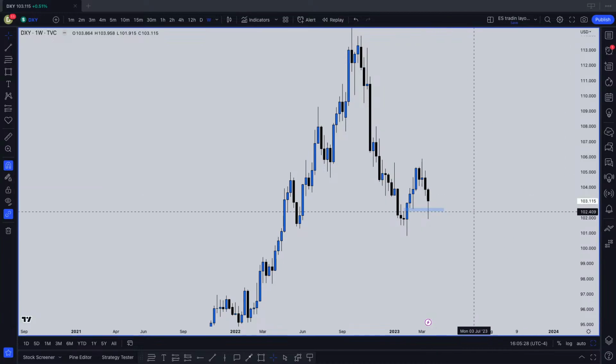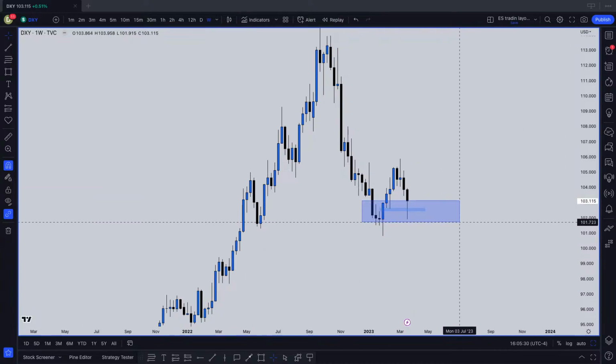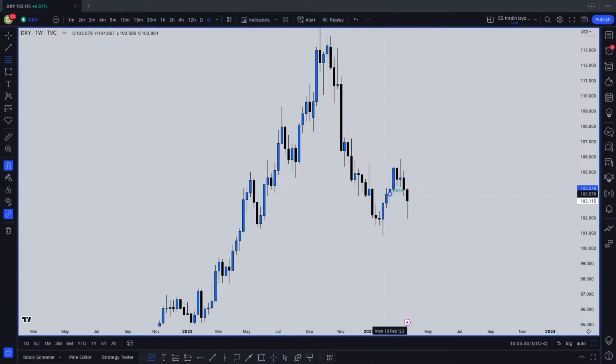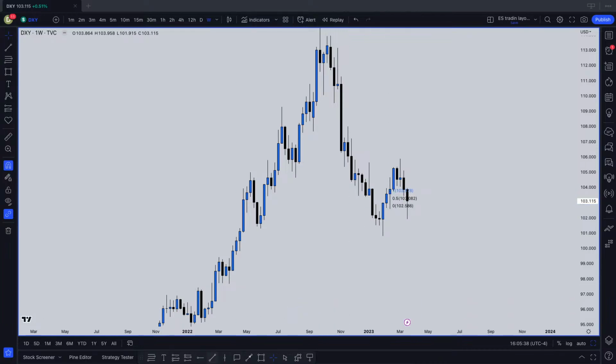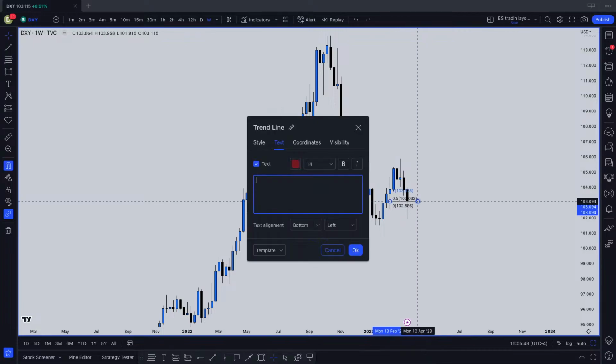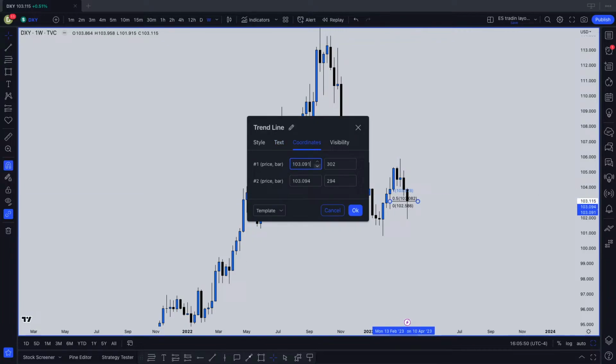Also, we have a discount fair value gap that we have also closed above, and one other key level being the consequent encroachment of this wick, the 103.82 level.